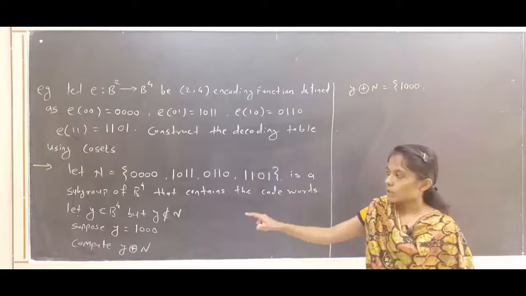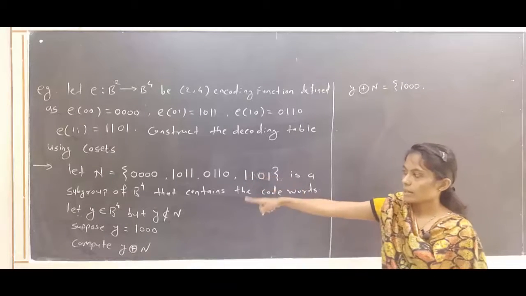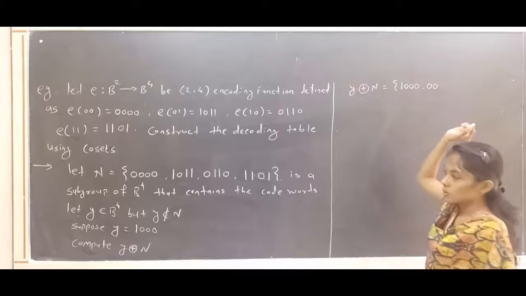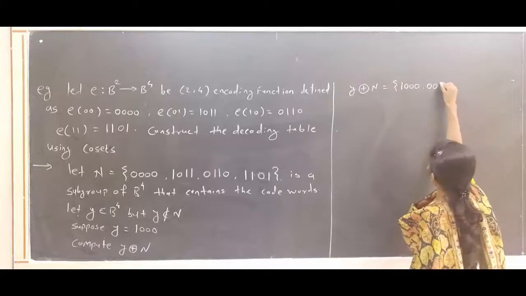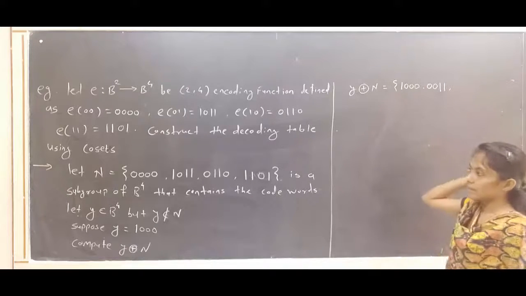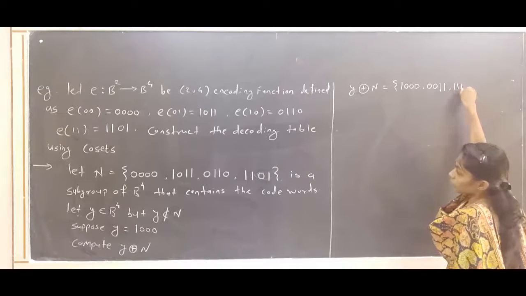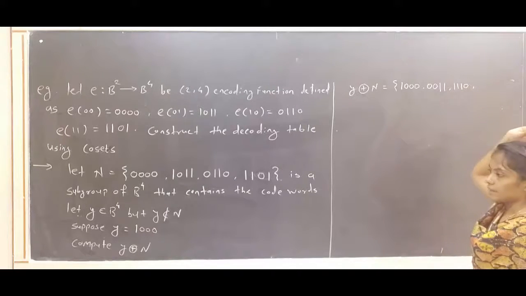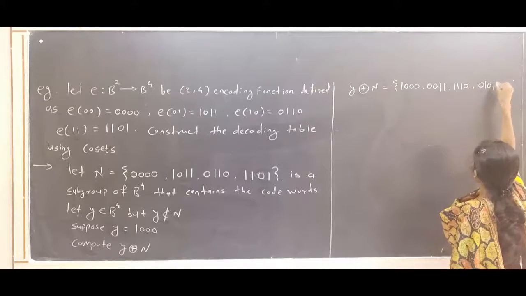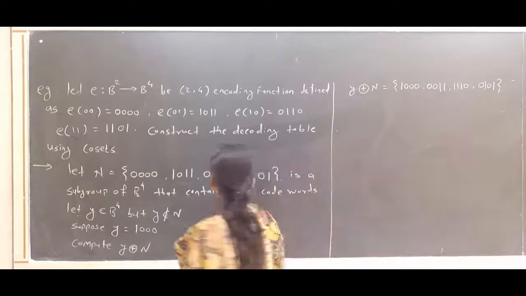Now second, 1000 ring sum 1011 is 1 plus 1 is 0, then 0 plus 0 is 0, after that 0 plus 1 is 1 and 0 plus 1 is again 1, so we get 0011. Now next 1110 and then last 1101. So this is the new coset.